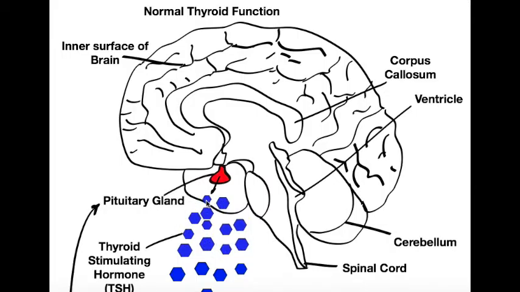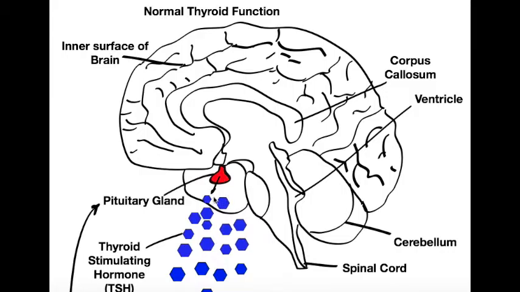When released by the pituitary gland, this hormone moves down the bloodstream and heads towards the thyroid gland, and you could think of it as the chemical that activates the thyroid gland to produce the thyroxine that is the hormone that affects the body.